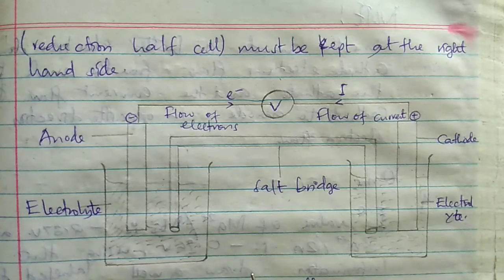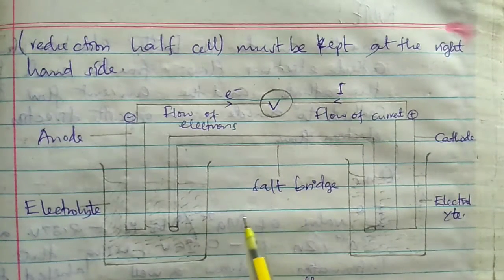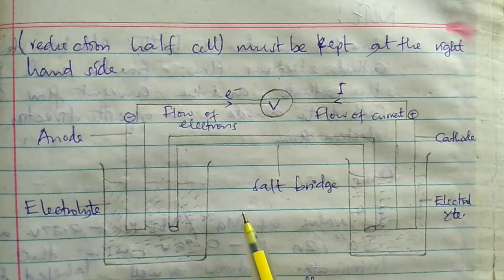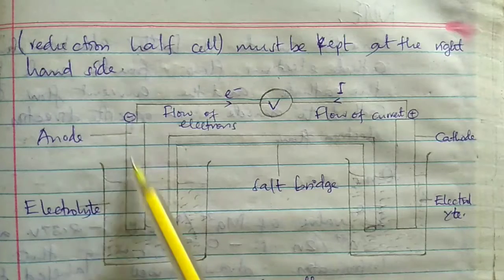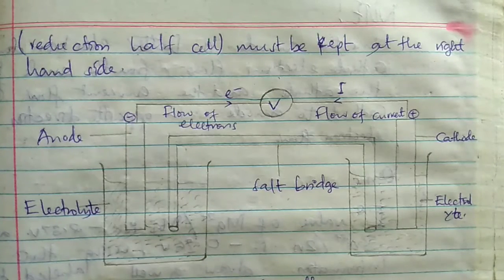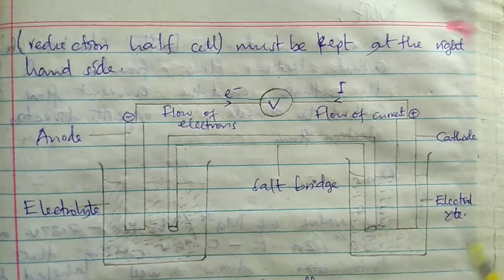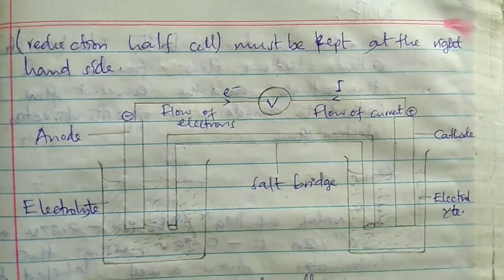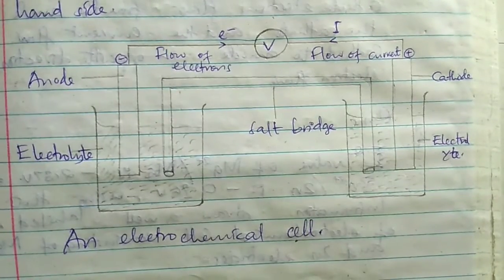Alafu current ina flow kutoka huku kwenda huku, kwenye positive kwenda kwenye negative. Kwa hiyo kinachokuwepo hapa ni kwamba hii inakuwa ni anode, cathode, electrolyte, anolyte, catholyte, salt bridge, voltmeter ile pale. Hivi ndivyo ambavyo electrochemical cell inakuwa.